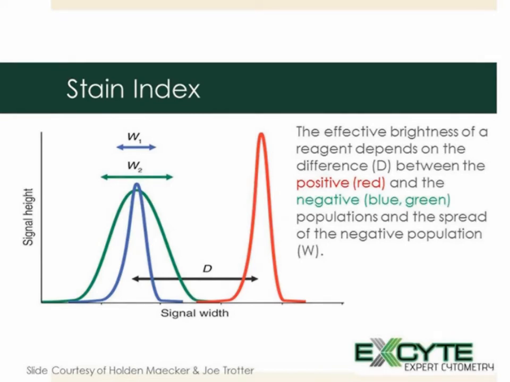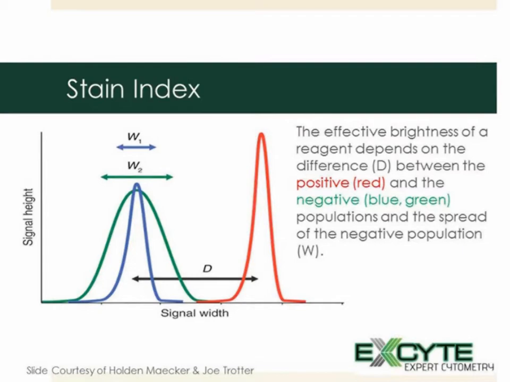Here, we measure the distance between the positive sample, the bright fluorochrome, and the negative population. We measure this typically using the median fluorescence intensity, and then we correct for the spread of the data of the negative population. So the effective brightness of a reagent is the difference between the positive and negative divided by the spread of the population.